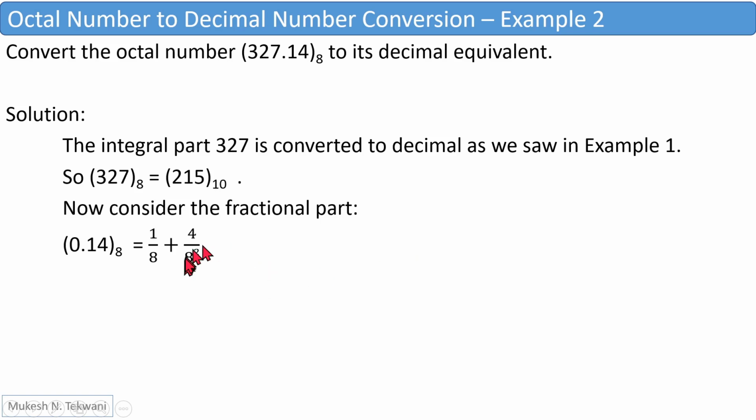This 0.14 of octal can be written as, now observe this digit 1 appears in the first position after the octal point. So we write this as 1 divided by 8, or we can say 8 raised to 1. Because the base is 8, this will be divided by 8.